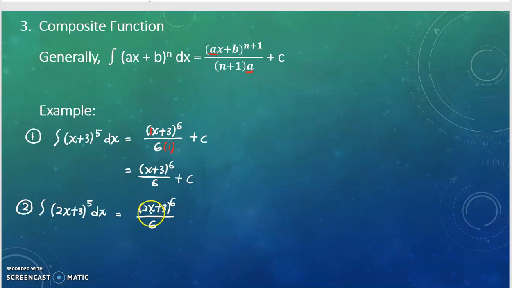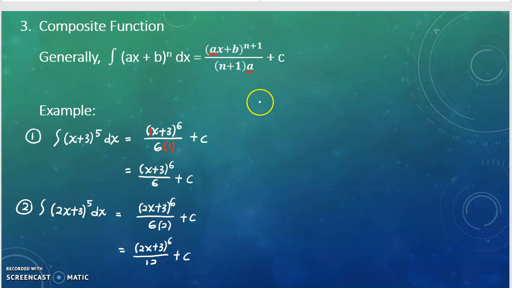In this function, the coefficient of x is 2, so we multiply by 2, plus c. So here it is (2x + 3)^6 over 12 plus c.